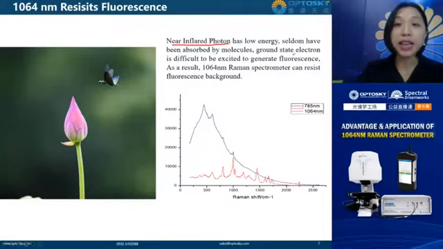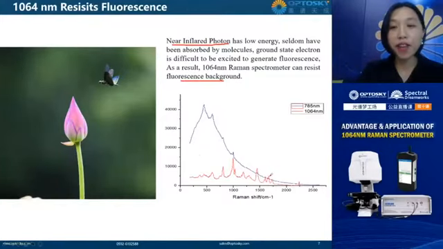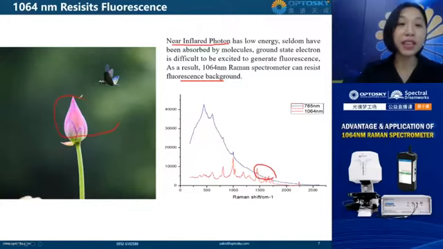In the ground state, electrons are difficult to excite to generate fluorescence. As a result, 1064 nanometers resists the fluorescence background. After resisting the fluorescence background, all the peaks can finally be vividly shown, just like flowers finally blooming.